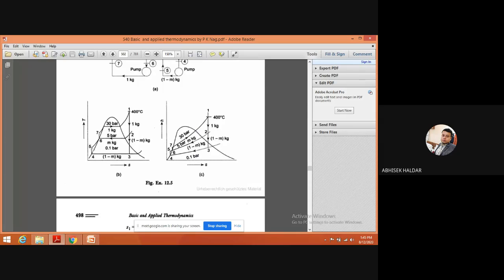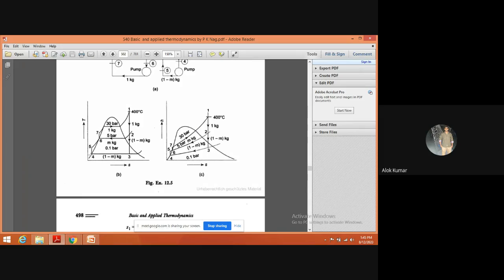Sir, with regeneration they are taking H1 minus H7, not H6, but without regeneration they are taking H1 minus H4, not H1 minus H5. As the pump work is neglected, H7 equals H6 and H5 equals H4. That is the reason.